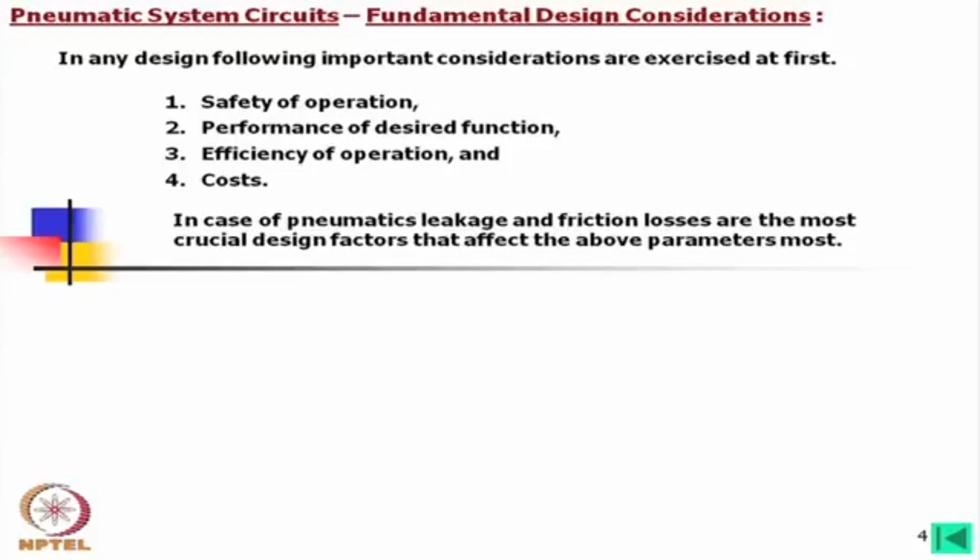But in pneumatic systems, although sealings are used, there is still a possibility of leakage. Say, a very simple example, when we drive a car, let us consider a car with pneumatic tires. In a car or scooter, the tire is filled to take the desired load, but in the process there will be some leakage.